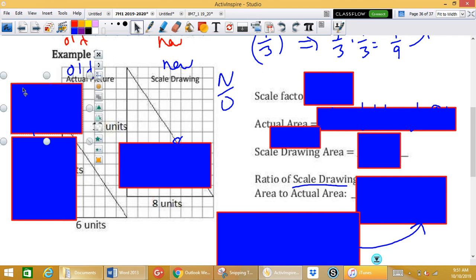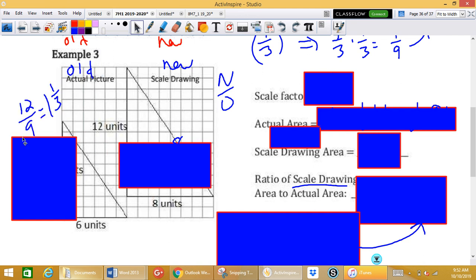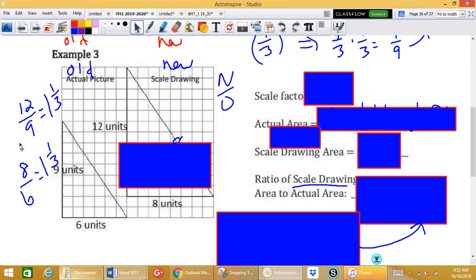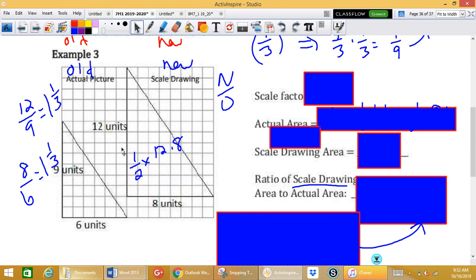So if I take a look at our shapes here, if we take the scale as the new, so if I take this side, the 12 over the 9, I wind up with 1 1/3. Then if I do the 8 over the 6, I wind up with 1 1/3.